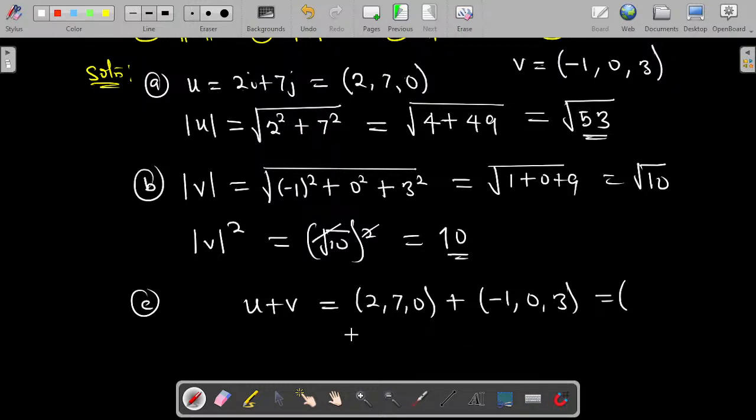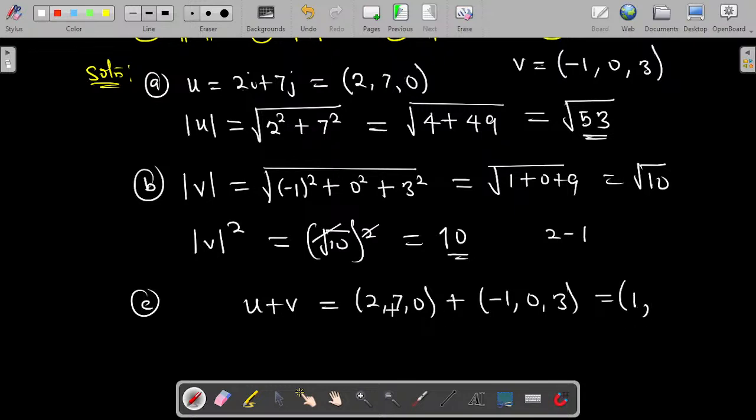Okay, so now in addition of vectors, you are going to be adding component wise. Follow me. So if I have something like this, the i component will add to i component, the j component will add to j component, and the k component will add to k. So here I'm going to have 2 plus minus 1. Of course, you know 2 plus minus 1 is the same thing as 2 minus 1, and that is 1.